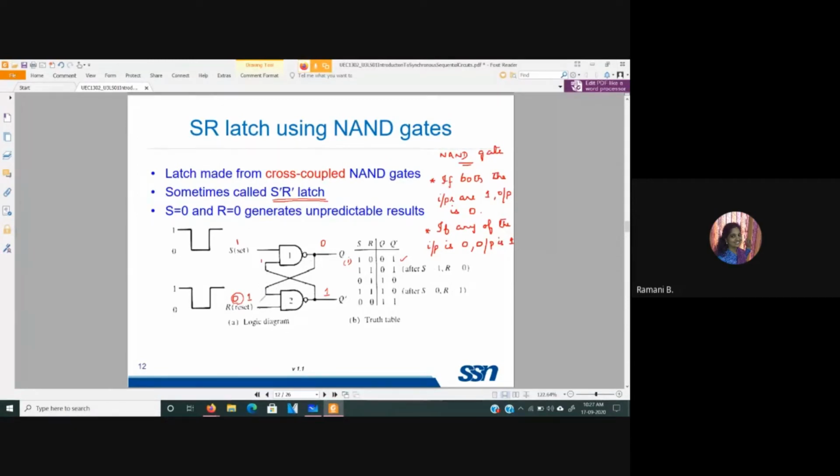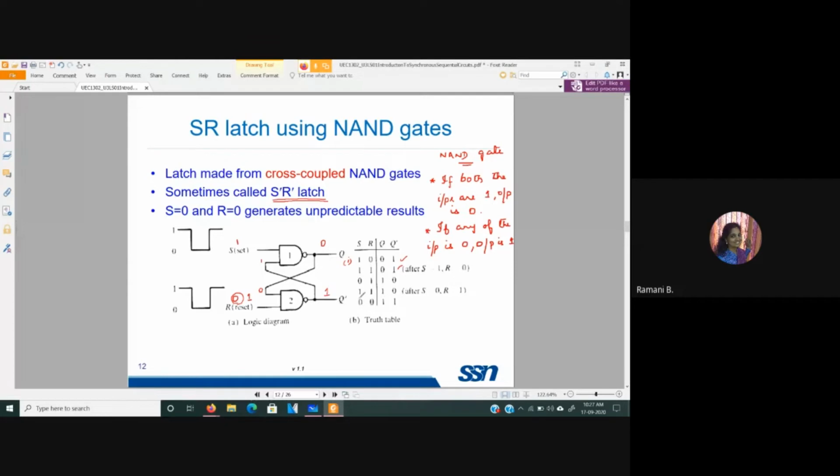So here this is 1. So this 0 is fed back over here and this 1 is fed back over here, and so it remains in the same value, right? The same case with 0, 1 and 1, 1.